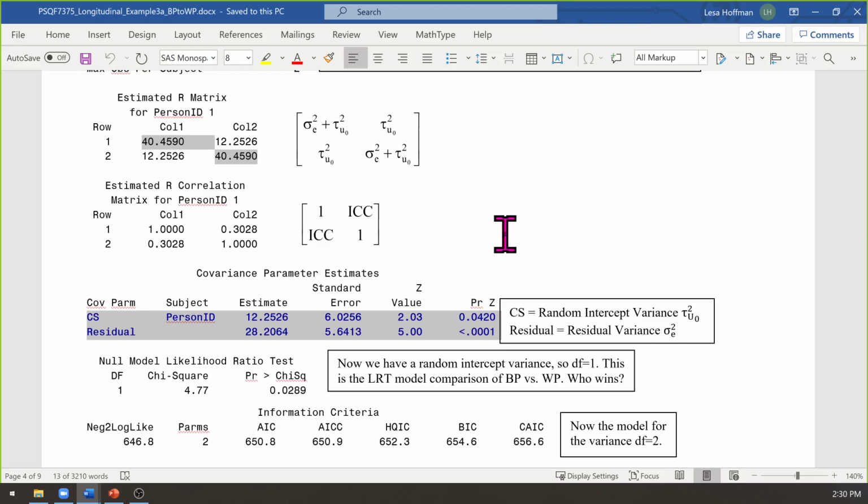The 12 is the amount of variance in this outcome due to person mean differences. The 28 is the amount of variance due to differences between pretest and posttest after controlling for person mean differences. So you put the 12 and the 28 together, you get the 40. So we've made two piles, but when they're recombined, it's about the same as what it was before.